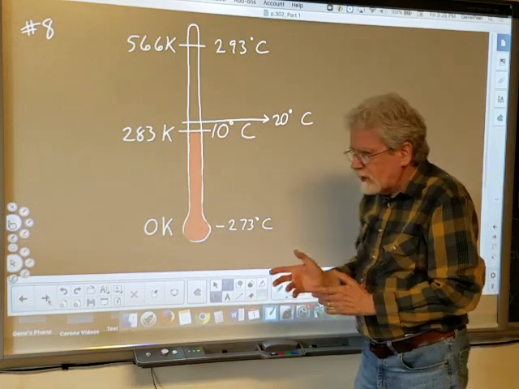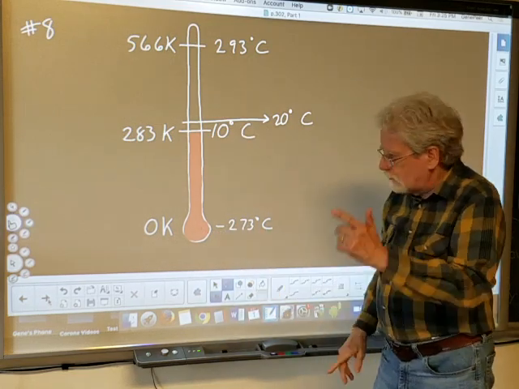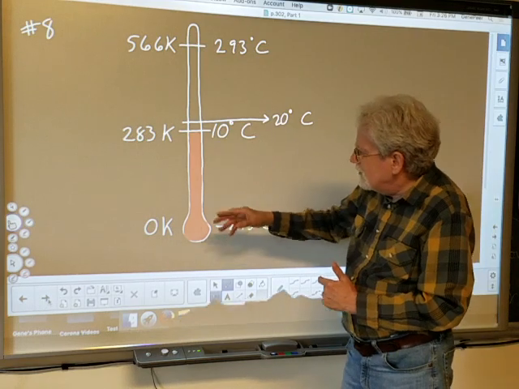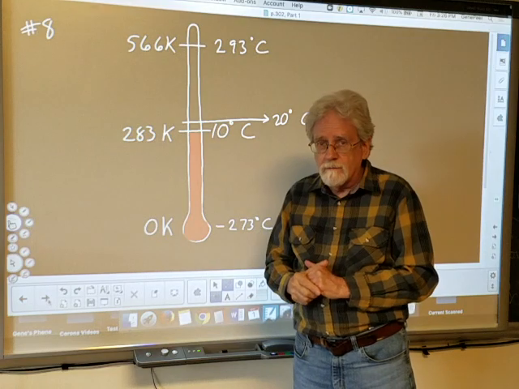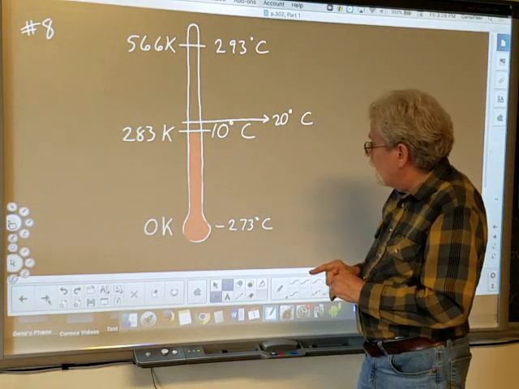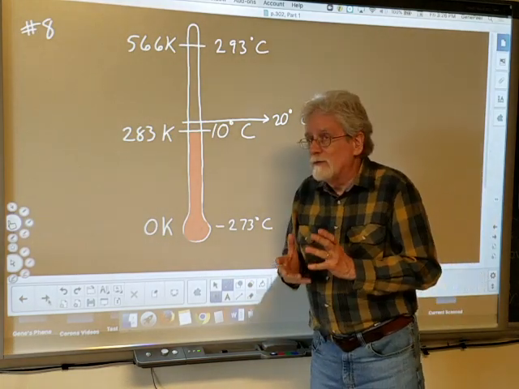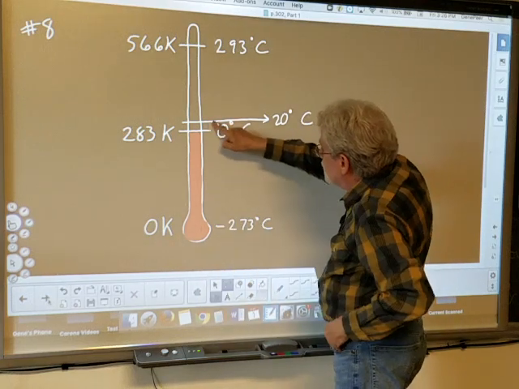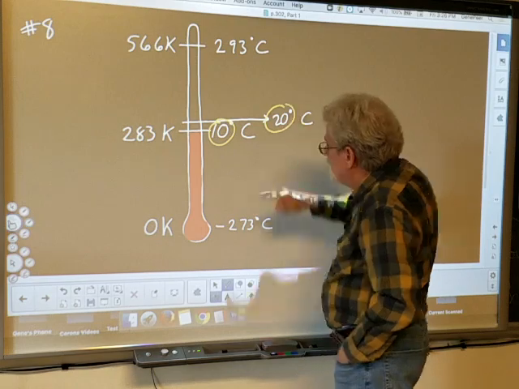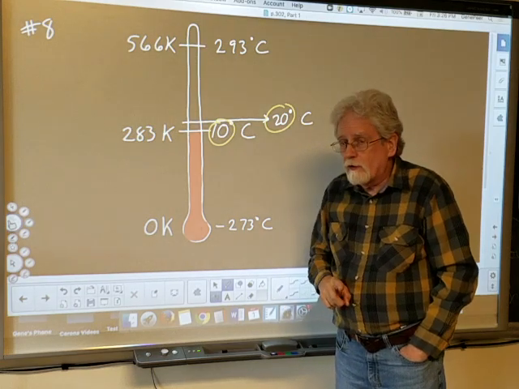That's why it was suggested by someone a long time ago, Mr. Kelvin, I believe, that scientists might make better use of the Kelvin scale. Because a Celsius scale doesn't have any real meaning in itself. If you double the Celsius temperature, you are not doubling the internal energy.